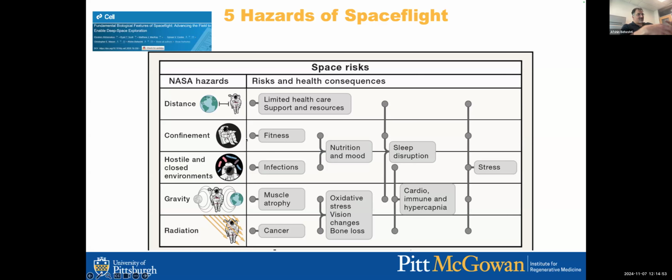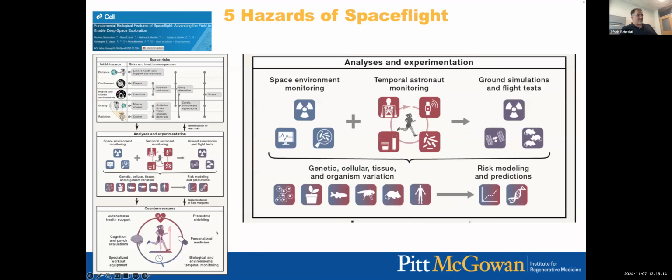But confinement means you're stuck in a tube, so your lack of fitness. Hostile closed environment means in that closed environment, things like infection are a lot easier to obtain between individuals and from your environment. But 2 of the main health risks that I'm going to concentrate on are the lack of gravity, or microgravity, and the radiation, meaning specifically space radiation.